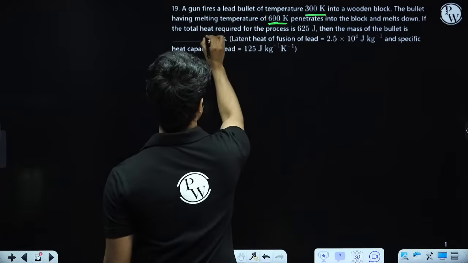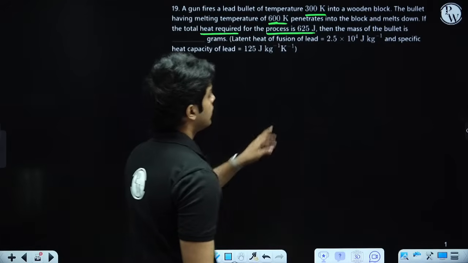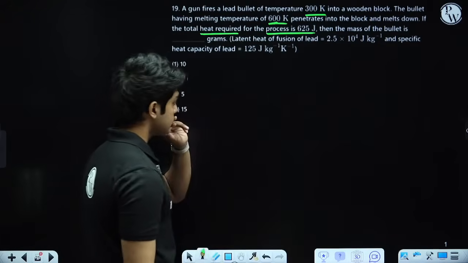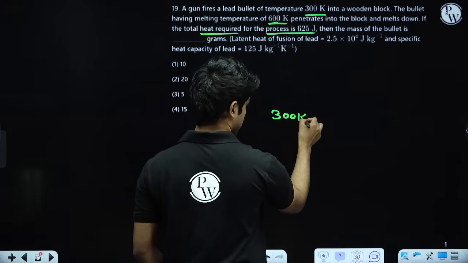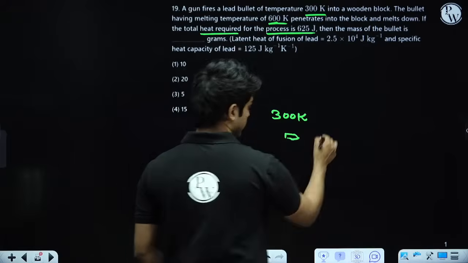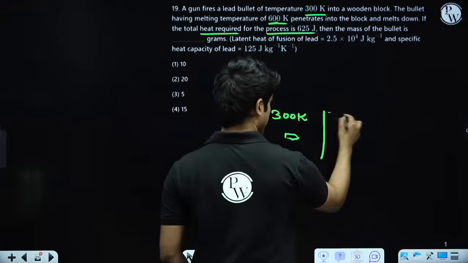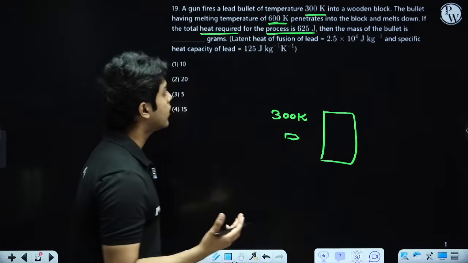If the total heat required for this process is 625 joules, then the mass of the bullet is, okay, so basically the bullet's initial temperature was 300 Kelvin, right? Then it penetrated into a wooden board, and it's given in the problem that the bullet melted.